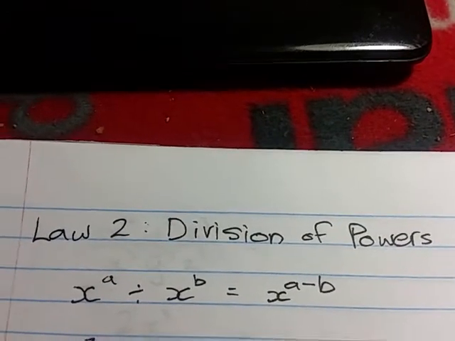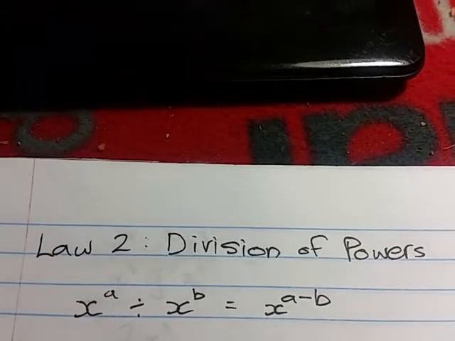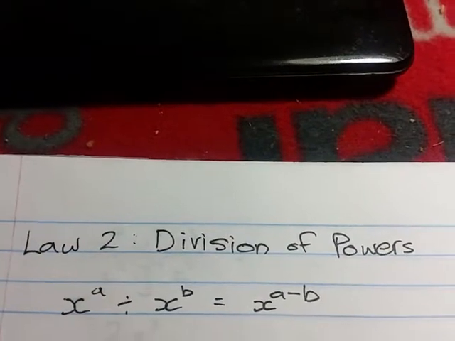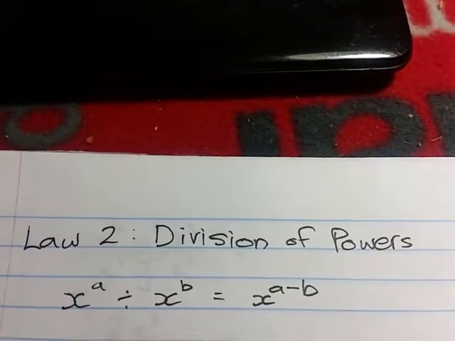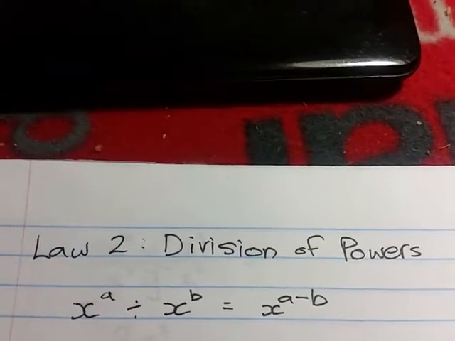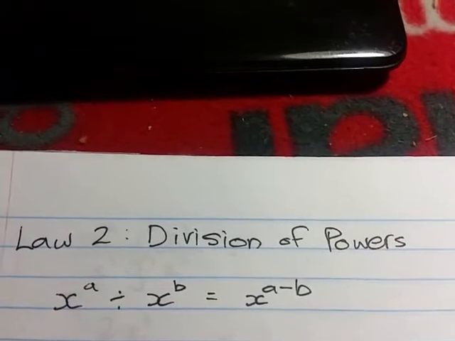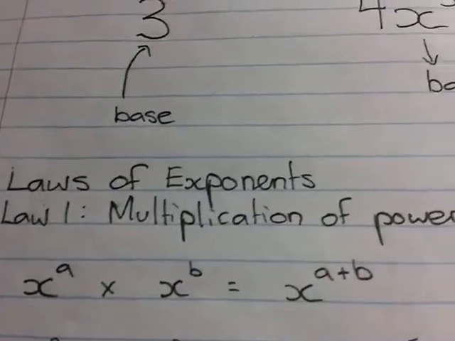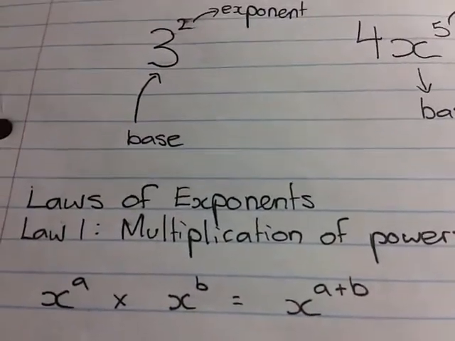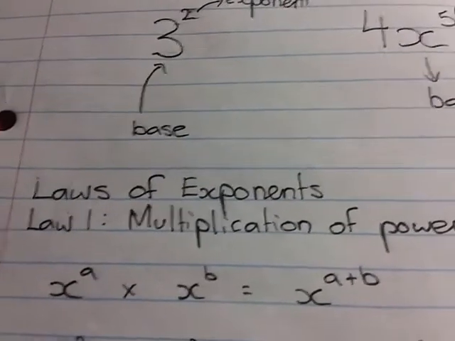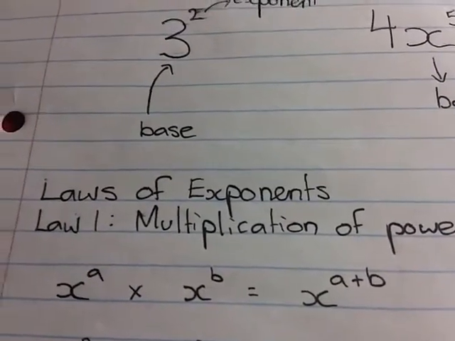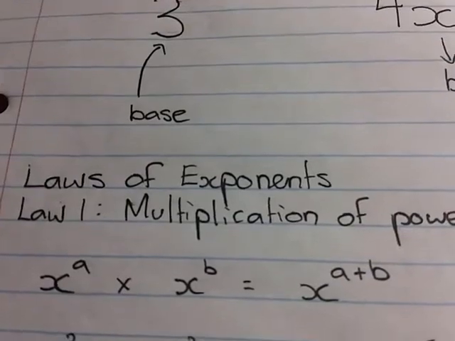And in this lesson, we're going to be doing law number 2 for Laws of Exponents, division of powers. In one of our previous lessons, we did the first law of exponents, being multiplication of powers. And as you can see, the way that worked is that when you're dealing with the same base and you multiply, you add the exponents.